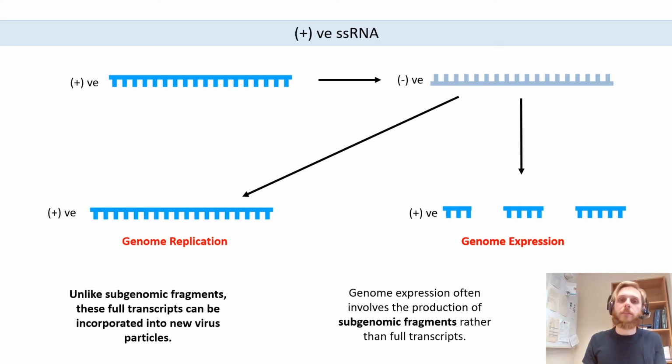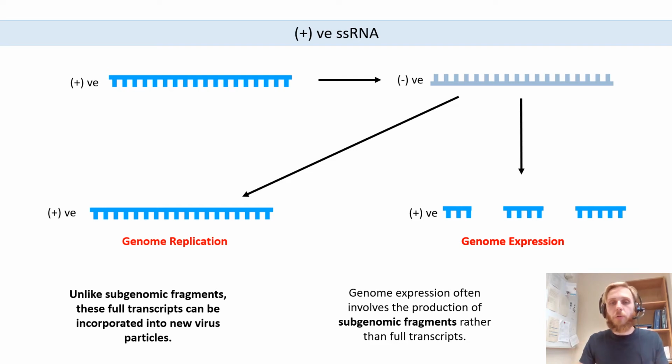But a few slides ago, we talked about poliovirus, and poliovirus is a positive sense single-stranded RNA virus that doesn't do this switch. It just makes these full-length copies, and sometimes these full-length copies are translated into protein. Sometimes they're packaged into virus particles.